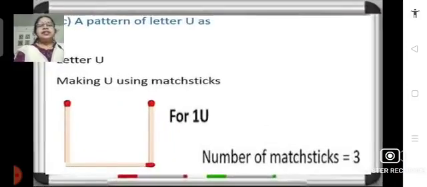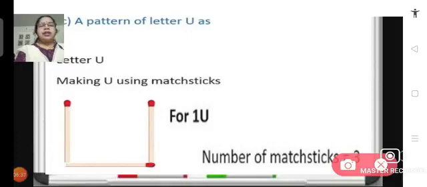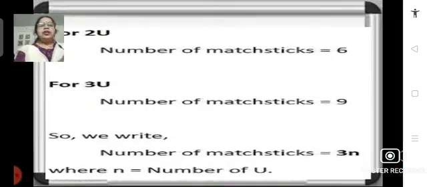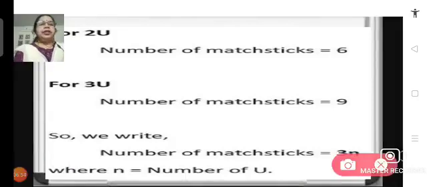Now next is pattern of letter U. So making U using matchsticks like this. How many matchsticks are required for forming one U? 1, 2 and 3. So for 1 U, 3 matchsticks are required. For 2 U's, how many matchsticks will be required? It will be 2 multiplied by 3, that means 6, isn't it?